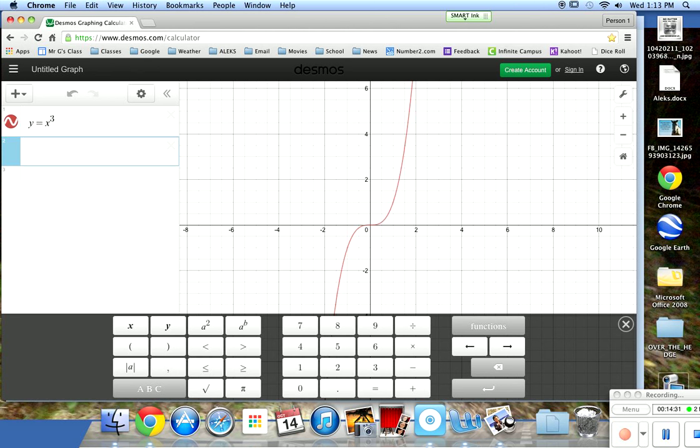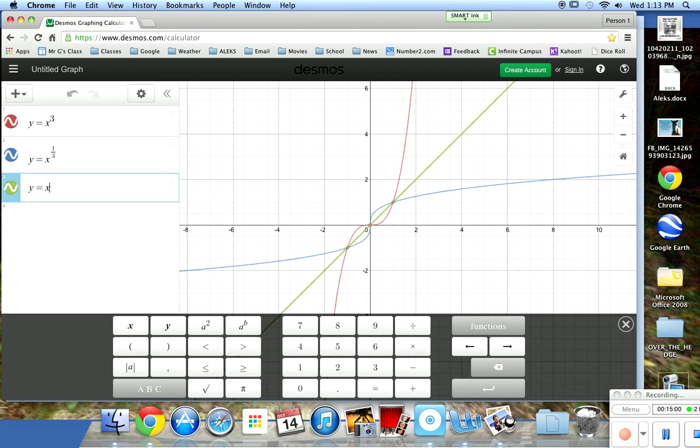Actually, we can. Here's how you do it. Y equals x to the 1 divided by 3. 1/3 is the same thing as a cube root. And then I'm going to say y equals negative x to the 1 divided by 3.